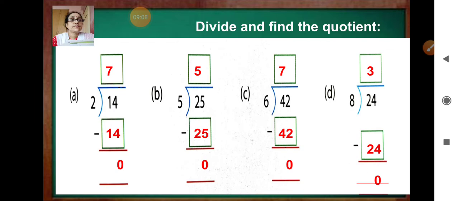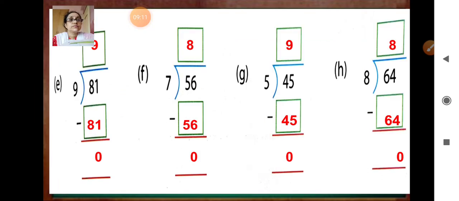Finished? Now question E. 81 divided by 9. 9 nines are 81. Question F. 56 divided by 7. 7 eights are 56. Question G. 45 divided by 5. 5 nines are 45.